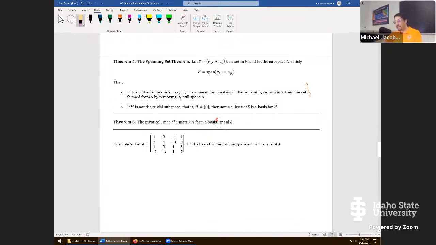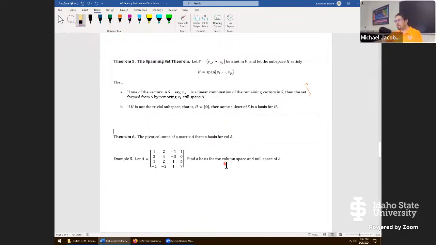But one thing that's really tricky about theorem 6, easy to miss, I've made this mistake myself quite a lot. When it says the pivot columns of a matrix A, we really mean of the matrix A right here. Let's emphasize that. What we mean specifically is not the row reduced matrix.